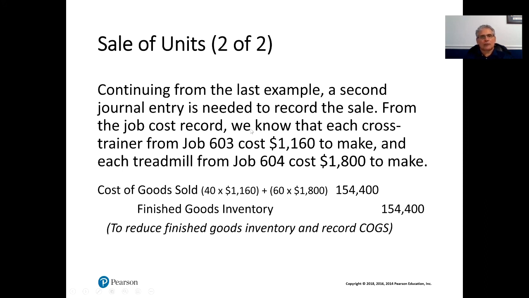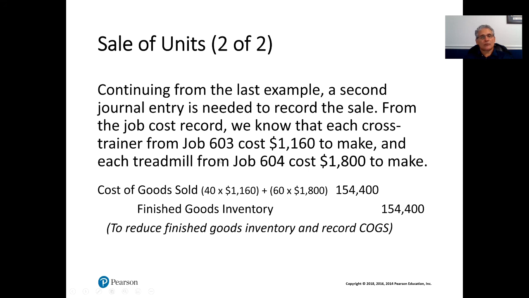From the job cost record, we know that each cross trainer from job 603 costs $1,160 to make, and each treadmill costs $1,800 to make. We got that from the job cost record.